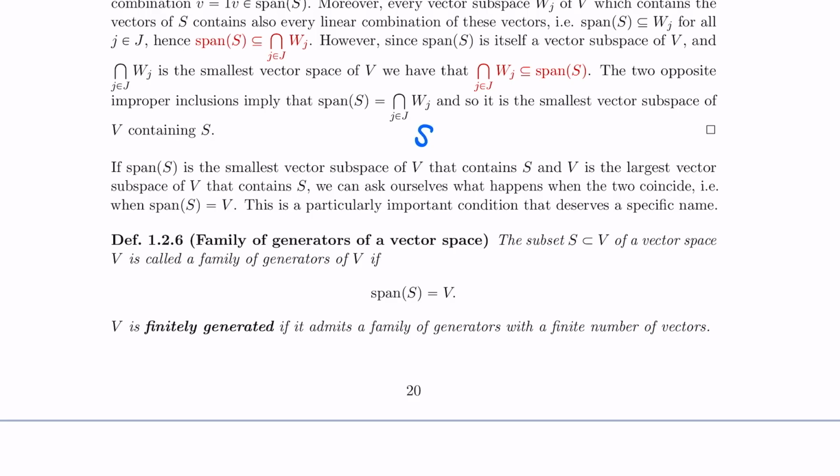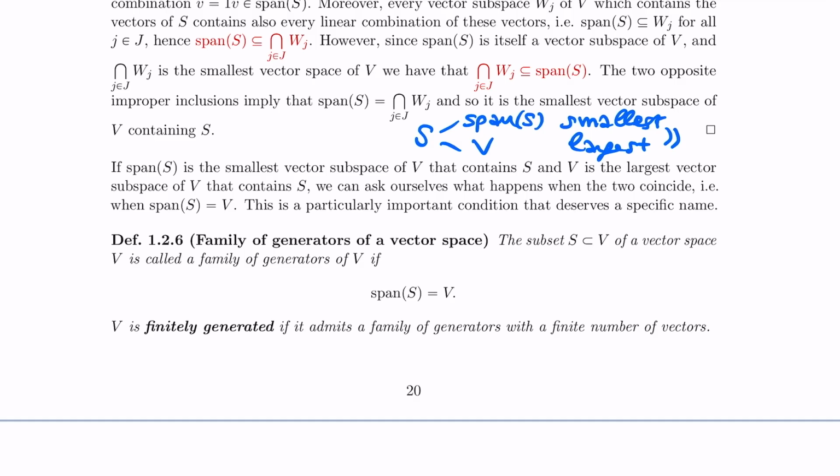Given a subset of vectors S of a vector space V, we have seen that the span of S is the smallest vector subspace of V which contains S. Instead, V is of course the largest vector subspace of itself which contains S. We can ask ourselves what happens when the smallest meets the largest. This is exactly the case in which S is said to be a family of generators for V.